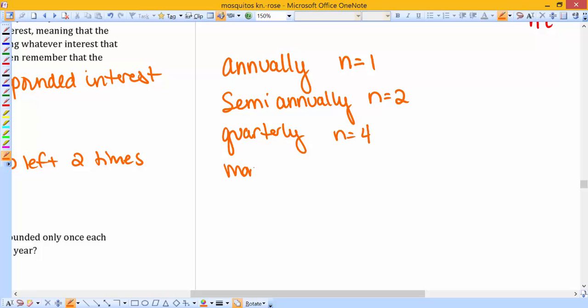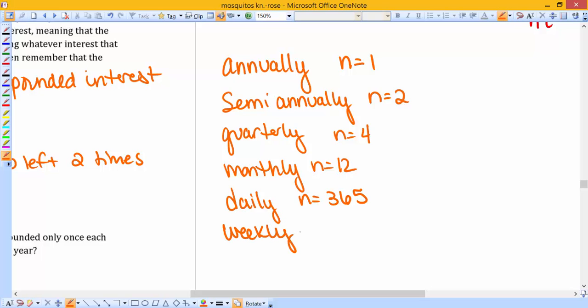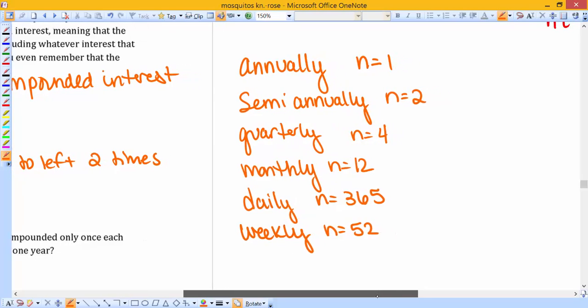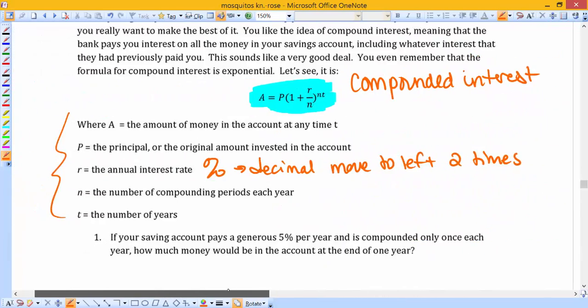If it says monthly, N equals 12. If I see daily, N is going to equal 365. And on and on and on. If it's weekly, N will equal 52. So it's just how many times that occurs in a year. Definitely write that down on a post-it note and stick it in your book.